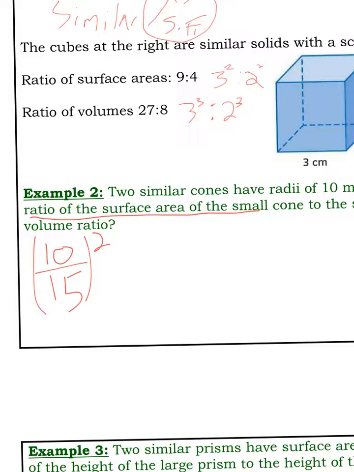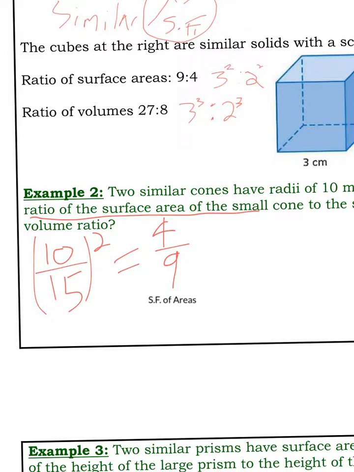I just need to type in 10 over 15 squared, and that's going to give me a fraction of 4 over 9. I know my 4s don't look great, but that's a 4 on top and a 9 on bottom. So what we just figured out was our scale factor of our areas, or surface areas.